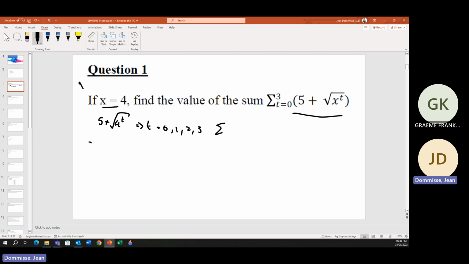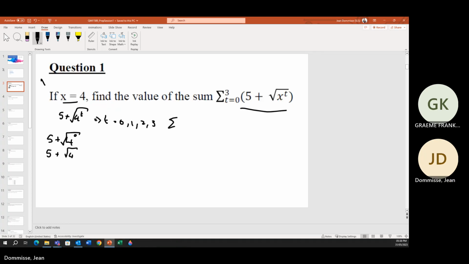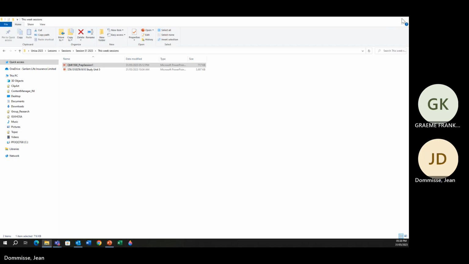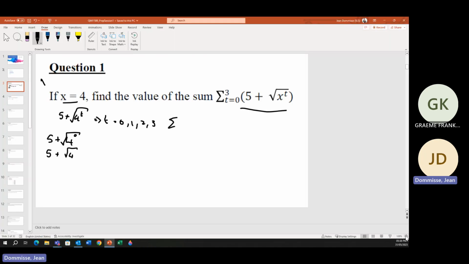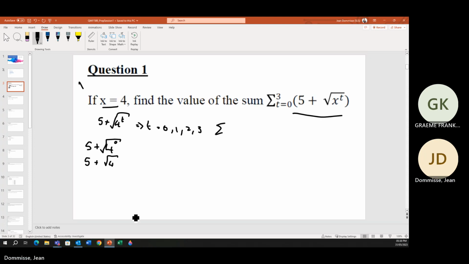Okay, so the first one is then 5 plus 4 to the power of 0. Then the next one will be 5 plus 4 to the power of 1.